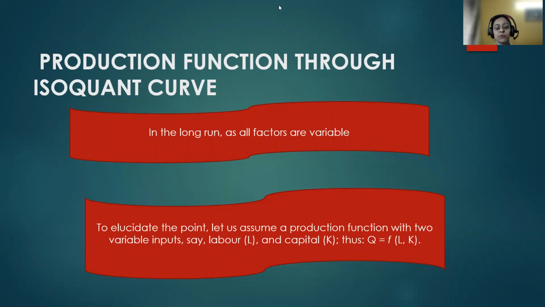Let us talk about production function through isoquant curve. Remember, in the long run, all the factors are variable. So in our case, capital and labor are both variable factors in the long run. So quantity produced, again, we say is a function of different inputs from capital and labor.